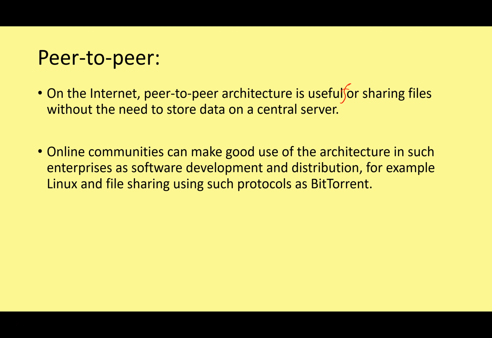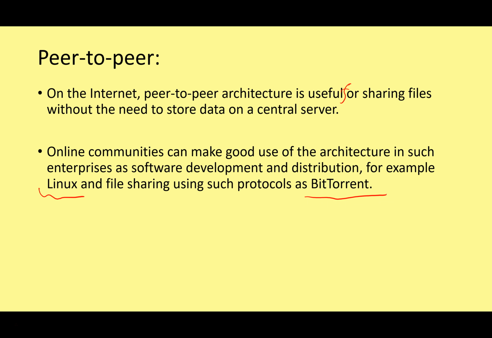Online communities make good use of peer-to-peer networking, such as enterprises involved in things like software development and distribution, because it makes it easy for them to distribute their product to many people without having to maintain their own server. So for example, if you want to share a new version of Linux, you can share it using BitTorrent.